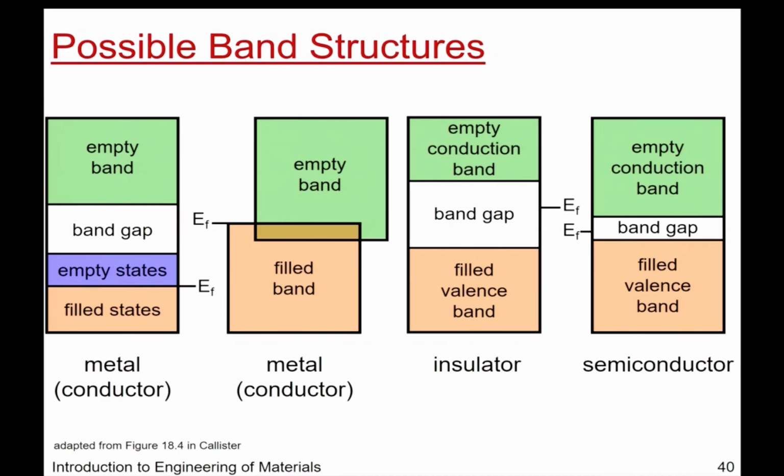And so band structure, if you're already in ECE, I think you're quite familiar with this because this is what you manipulate in terms of the material's properties that you desire. But if you're not, we'll go over it in greater detail so that we're all on the same page.